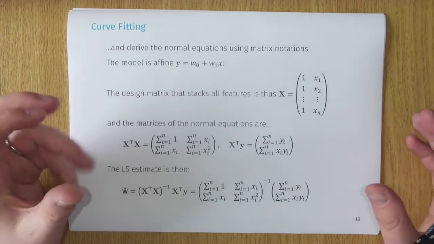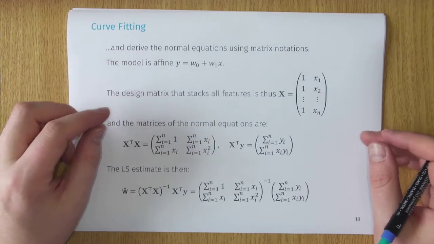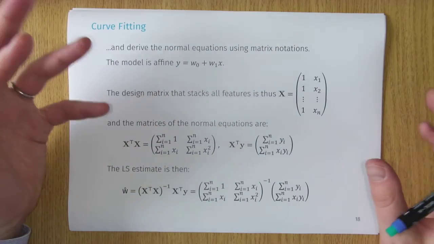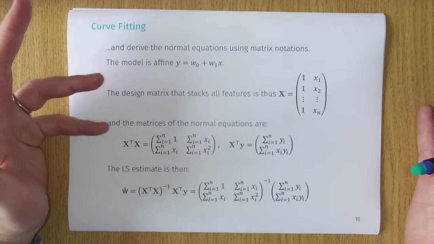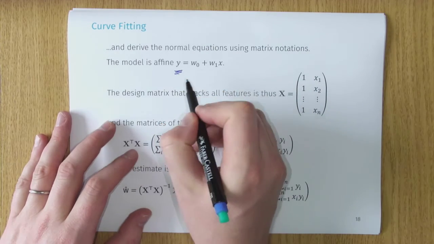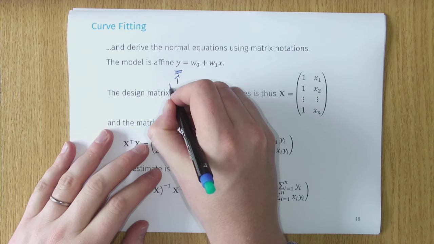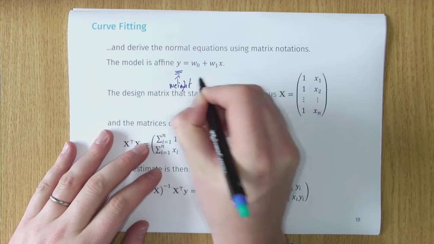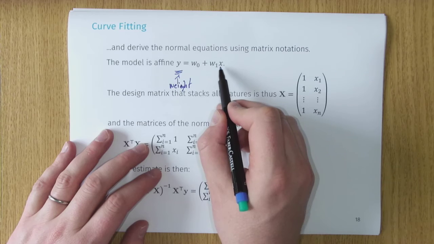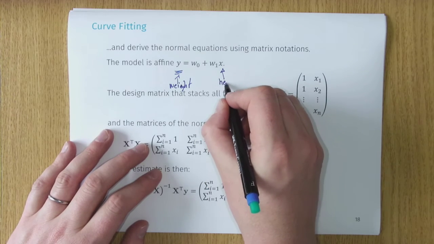This is the practical strategy you need to adopt. The first thing to do is to say, I have a problem. What is the model I have for this problem? In this case, we say that the outcome, the weight, is some W0 plus W1 times x, and x is actually the height.